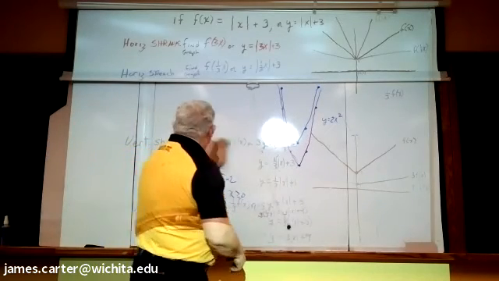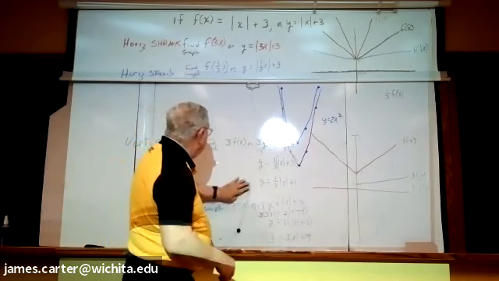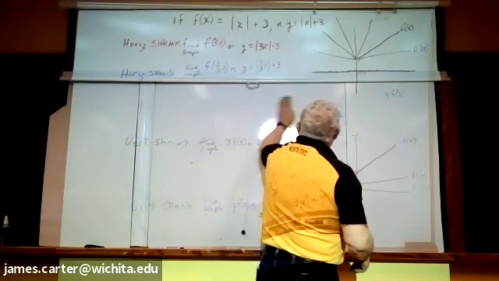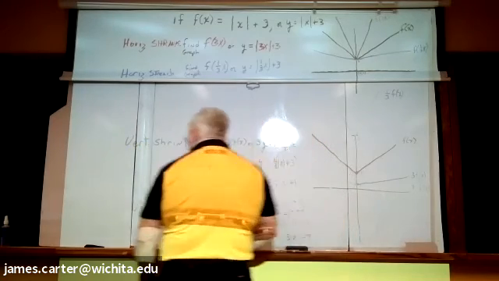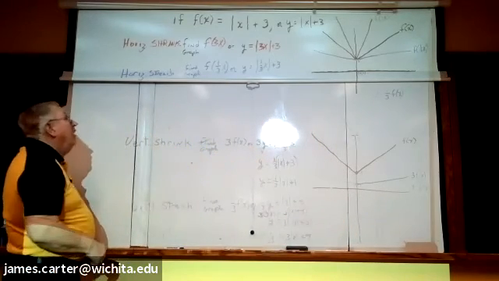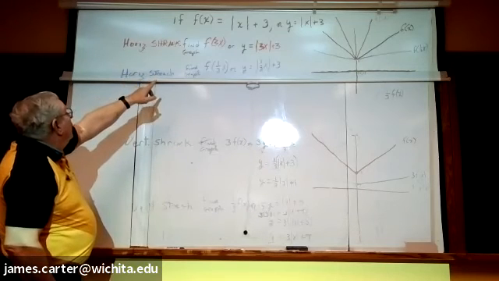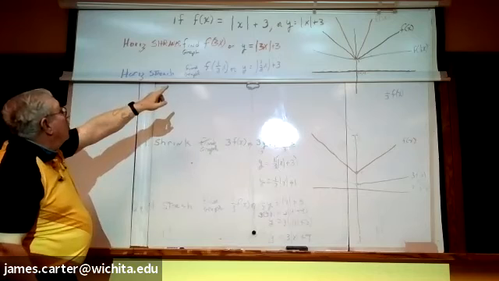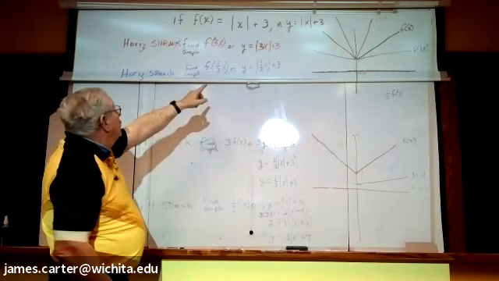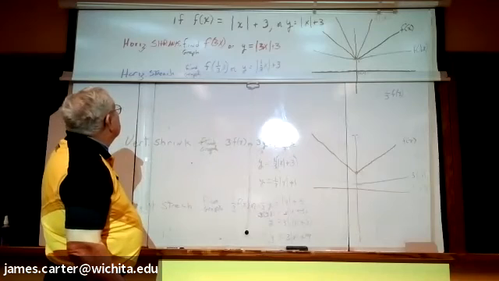This will be the last slide that I'm going to go over today. Okay, in this case, we want to find a horizontal shrink of 3x, or absolute value, y equals 3x plus 3.